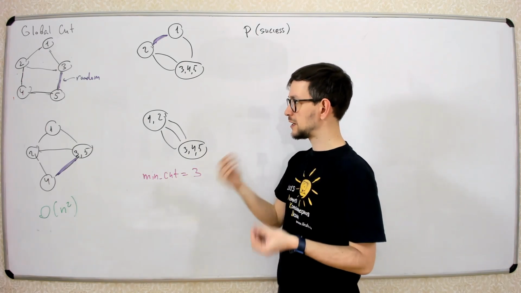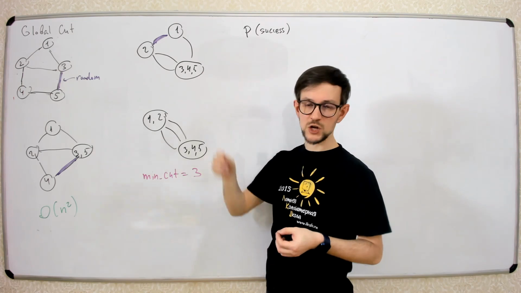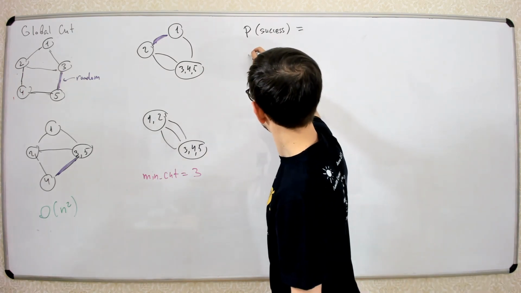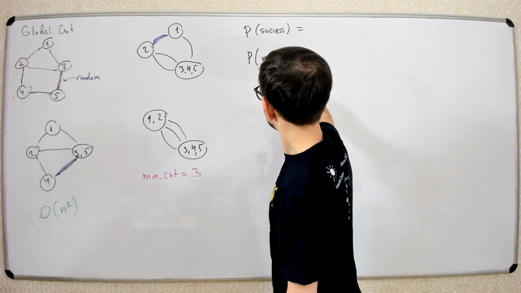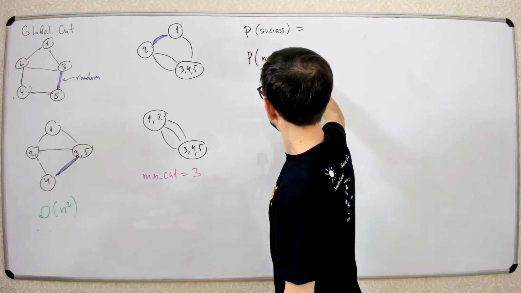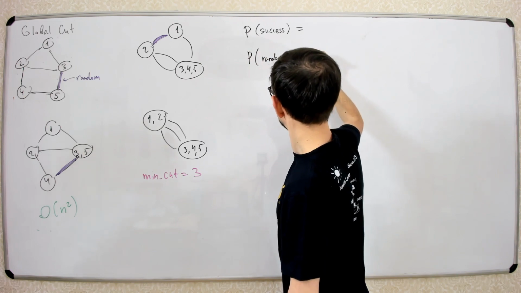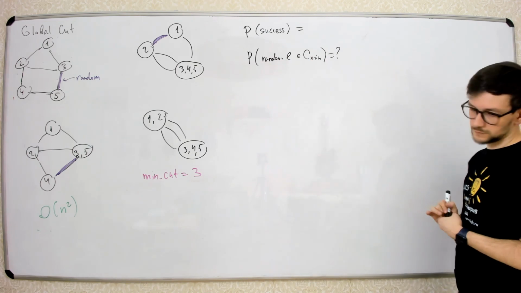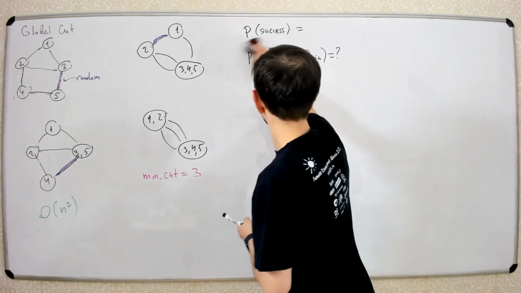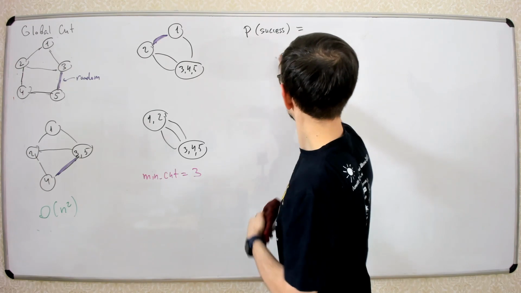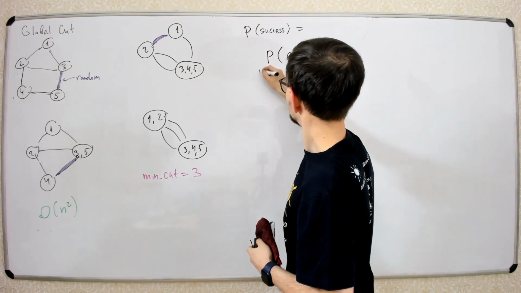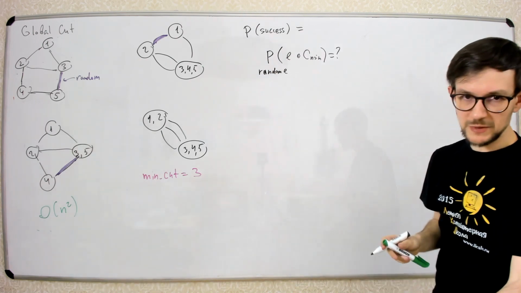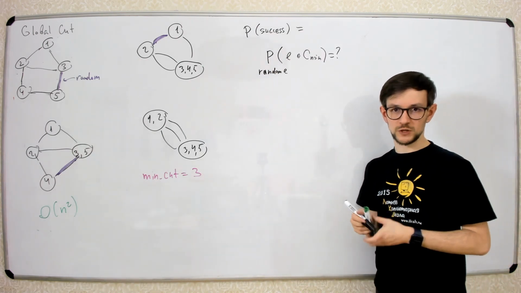So what is the probability that your random edge belongs to the minimal cut C? You pick some random edge. What is the probability that this edge belongs to the minimal cut?